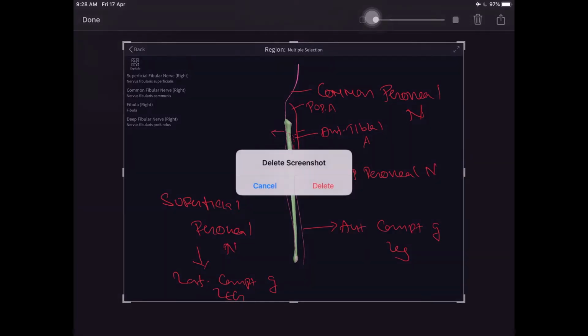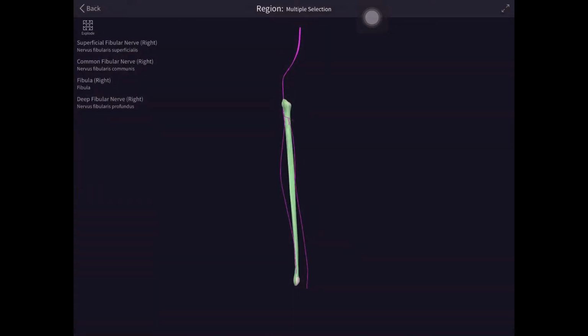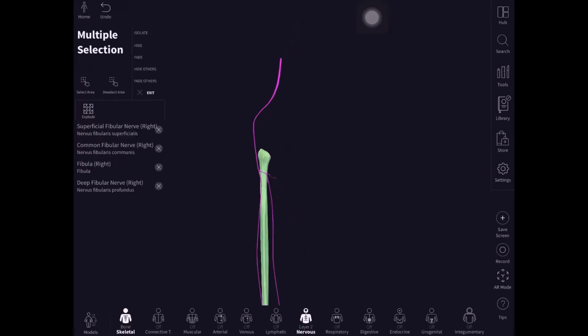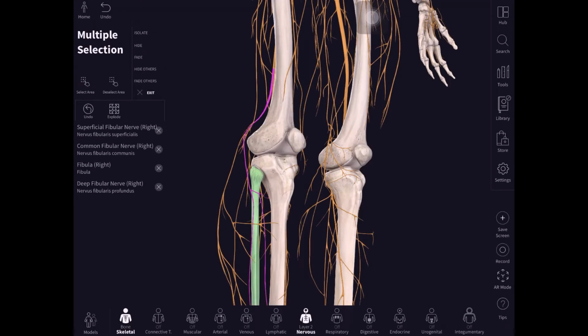So let us see these things again. Now in this, if I put the artery back into the picture, that's the artery I was telling, and if I multi-select the artery also so that we can see this separately, this one is your anterior tibial artery.